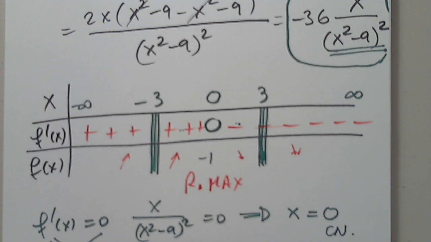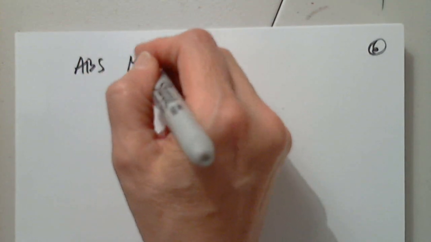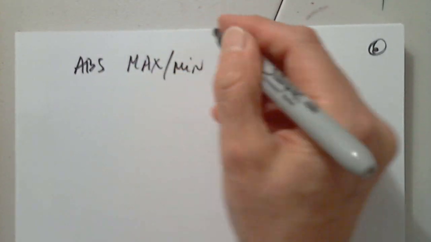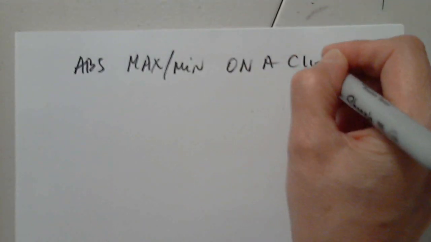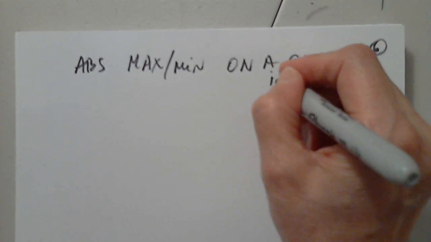Okay, I would like to go back and talk about absolute max, absolute min, which we already did. I'm on page 6. Absolute max or min on a closed interval.